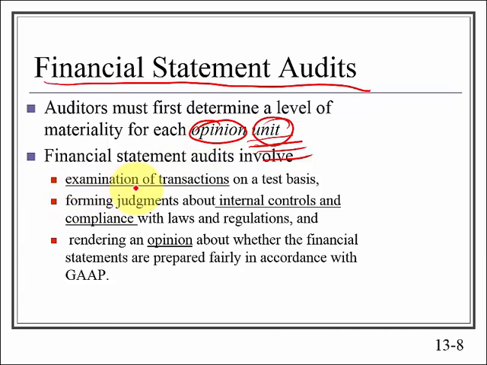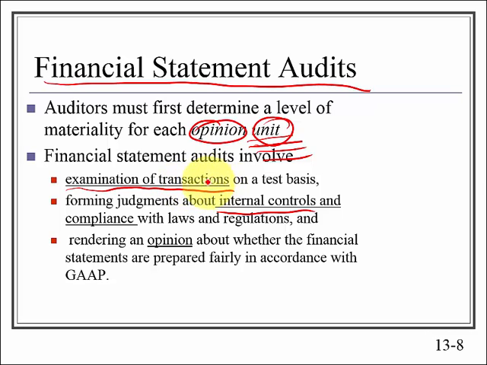So if you're in auditing, one of the main things you'll be doing is testing transactions. Again, you would first look at the internal control system of the organization to determine how good it is. And the better it is, the less testing of transactions you have to do. Of course, with technology and big data, this type of testing possibly can be done more easily with computers.